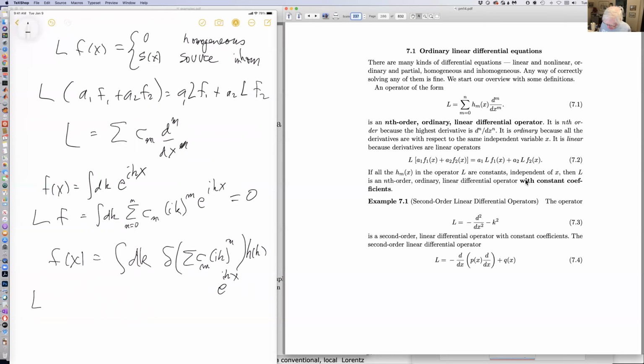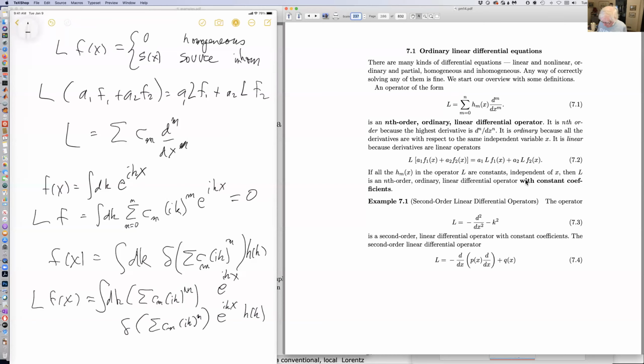So when L hits f, what we get is integral dk sum Cm Ik to the m, delta of sum Cm Ik to the m, e to the I kx h of k.